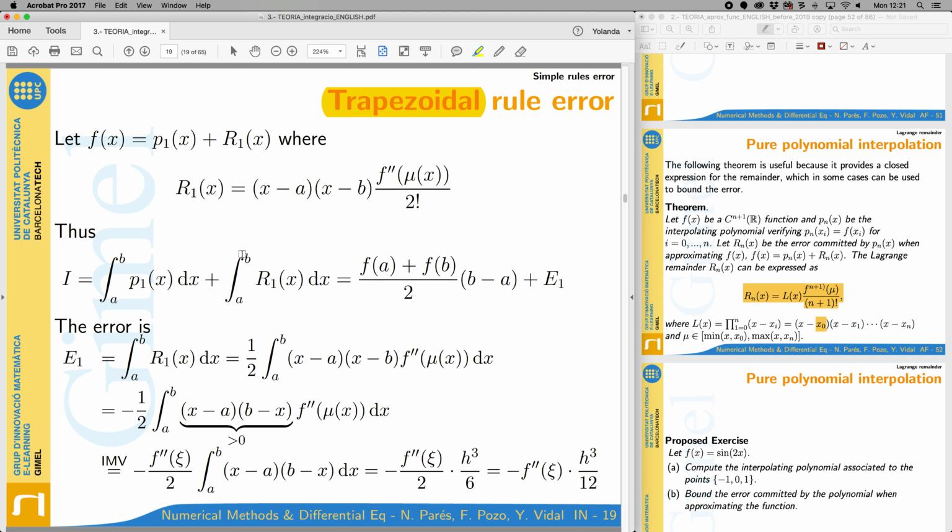And now I will compute the integral of this error, so I will get the integration error. Remember that the integration error comes from the integral of the Lagrange remainder. Now here I'm just writing this expression, and I want to compute the integral.